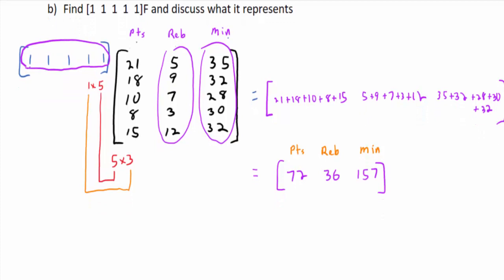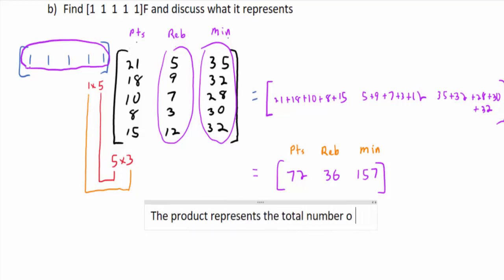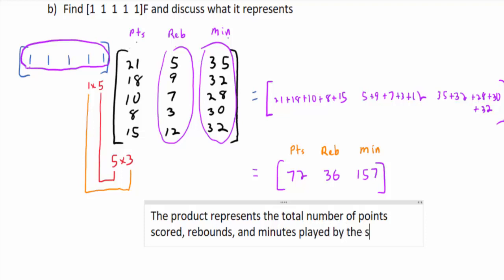So the product represents the total number of points scored, rebounds, and minutes played by the starting 5 in what?